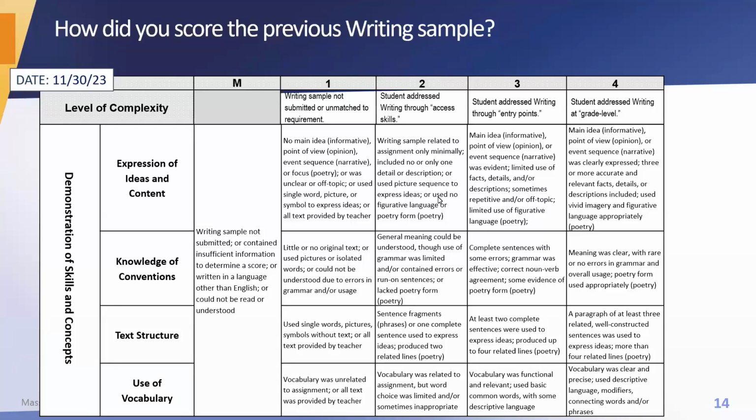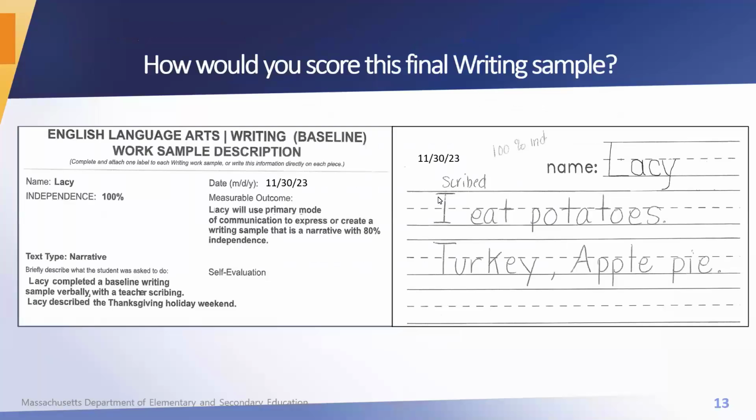Okay, so the very first one is the level of complexity. So let's take a quick look over here at the measurable outcome. Lacey will use primary mode of communication to express or create a writing sample that is a narrative. She said it verbally and the teacher scribed.